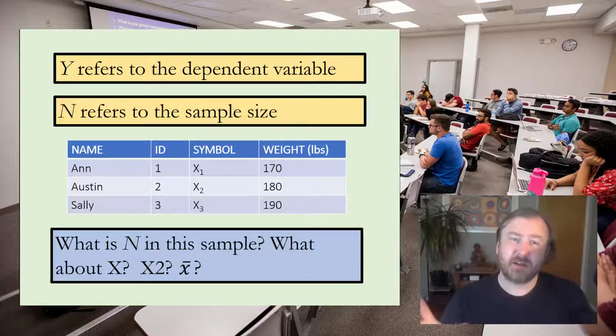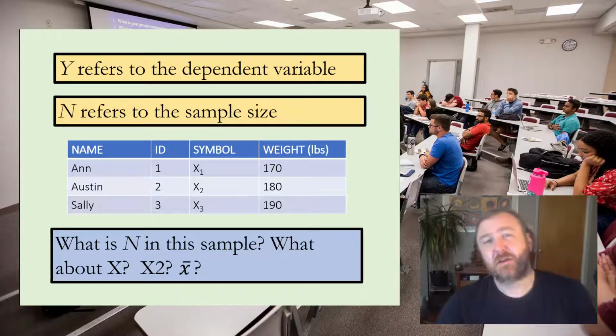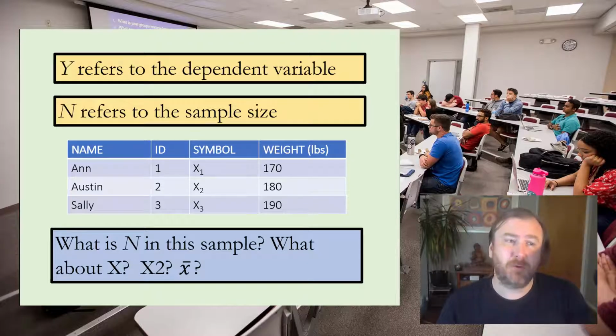So x predicts y. N is going to refer to the size of the sample. So how many people we pulled from a population and measured, the number of those people is n.